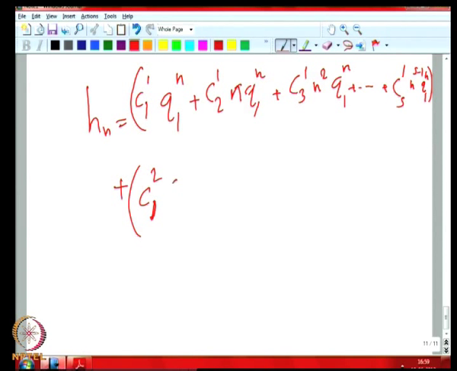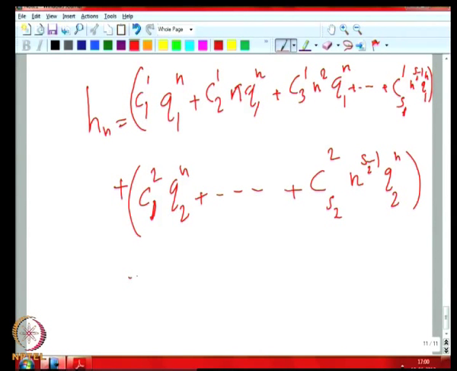c12 q2 raised to n up to c_s2 2 n raised to s2 minus 1 q2 raised to n, and so on.